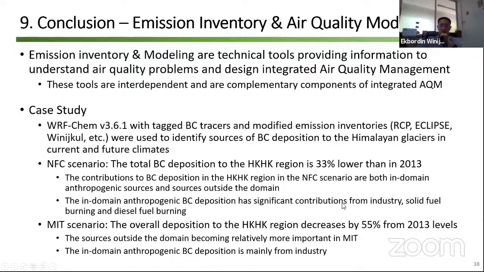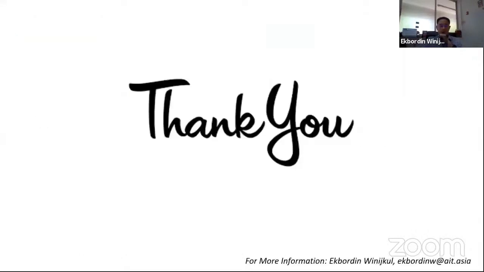So the implication from this study is that we need to consider how much work we need to put into reducing emission in different sectors, and where we need to reduce emission, so that the BC deposition on the glacier in this HKHK region is minimized in the future. So with that, I open for discussion and questions. Thank you very much.